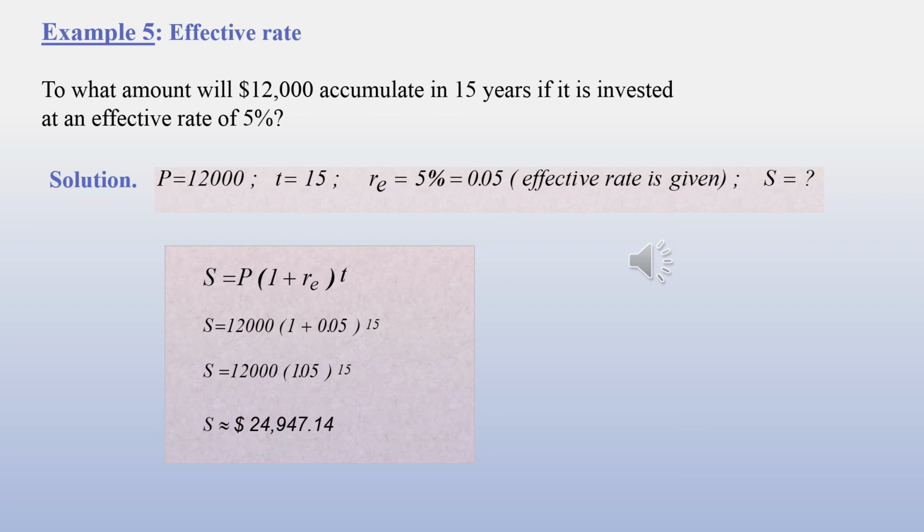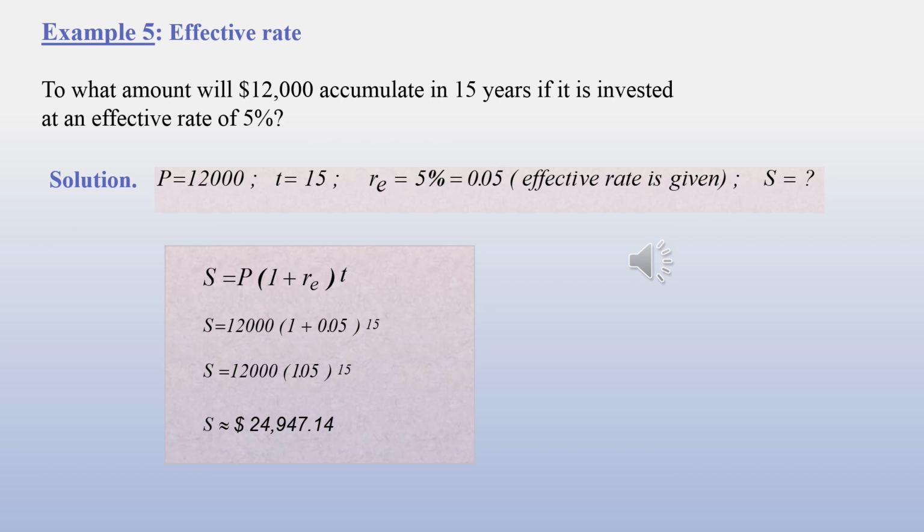Example 5. Effective rate. To what amount will $12,000 accumulate in 15 years if it is invested at an effective rate of 5%? From the problem, we get information of the value of P, which is 12,000, and T equal to 15.